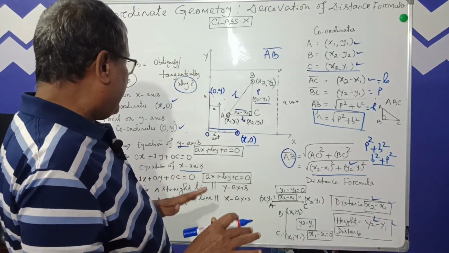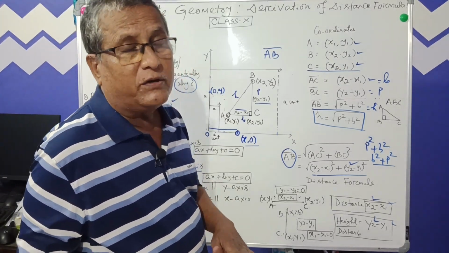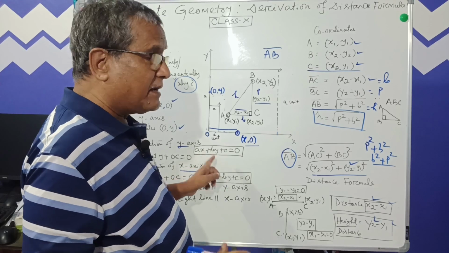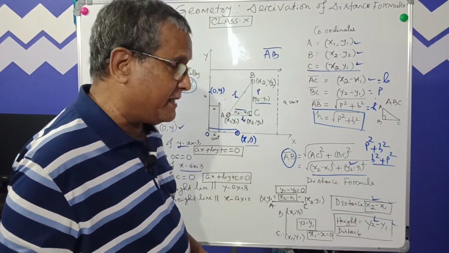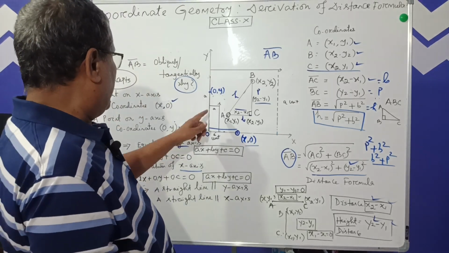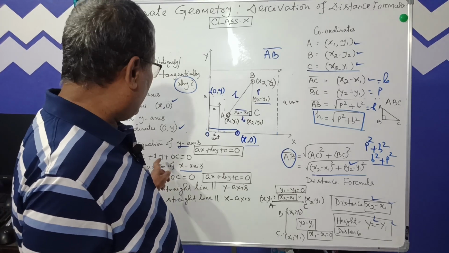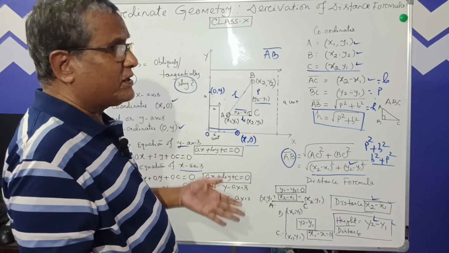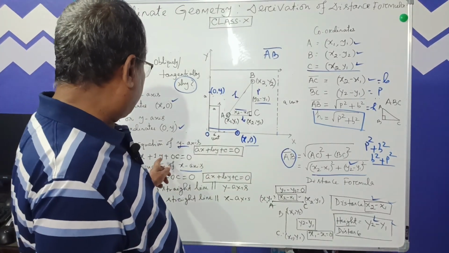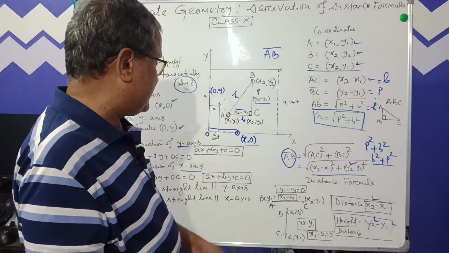It can be expressed as a linear equation in two variables, in the standard form ax plus by plus c equals 0. So here x is 0, so 0x and 1y, because we have taken the coefficient as 1, plus 0 c equals 0. That is the form we can express.